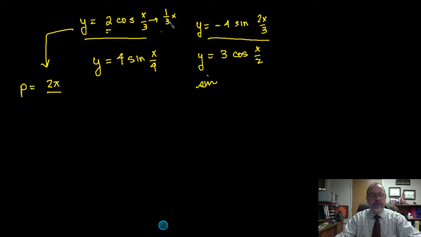This is the same as 1/3 x. So 2 pi divided by 1/3. Now I need to simplify that. So 2 pi divided by 1/3, that means you multiply by the reciprocal, so the period is 6 pi. So the period of this function is 6 pi, and it's going to go to an amplitude of 2.